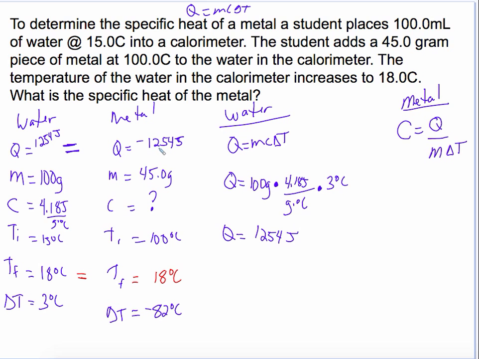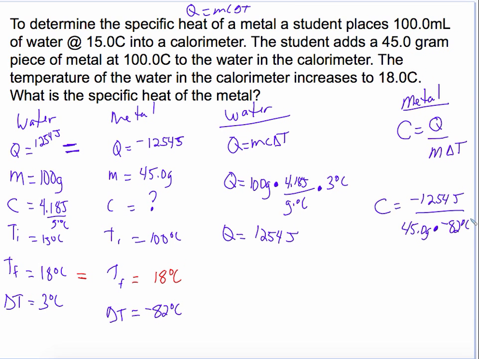The energy's going out. Now, what we can do is take this information for the metal and plug it into our C equation. C is equal to Q, negative 1254 joules, divided by the mass of the metal, not the water, now the metal, multiplied by the temperature change, negative 82 degrees Celsius.